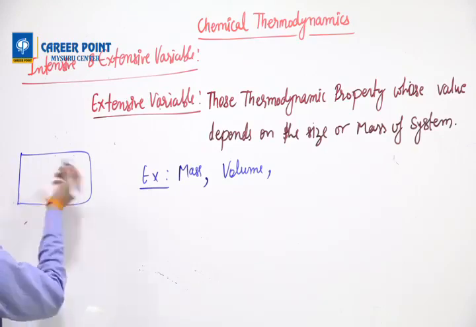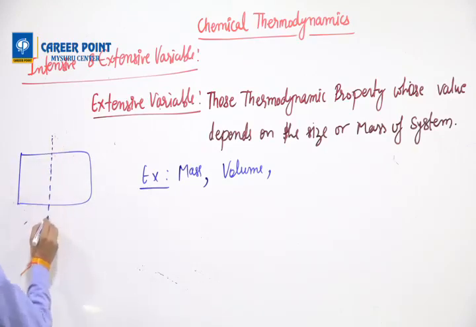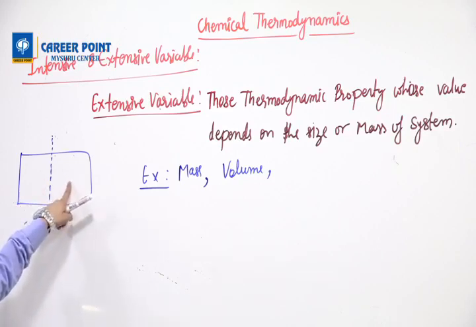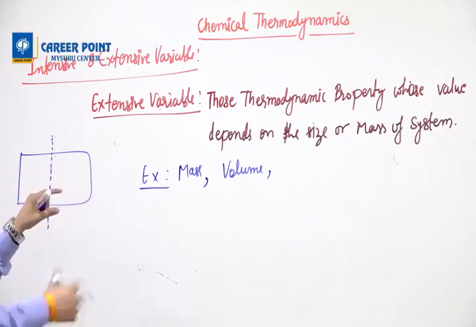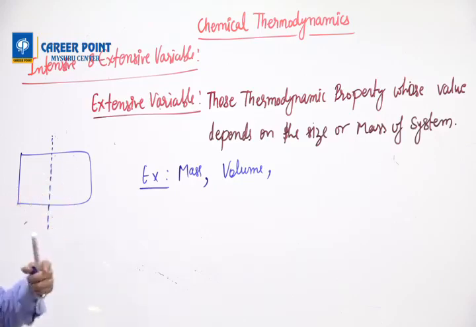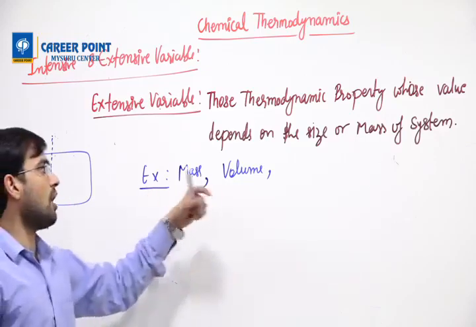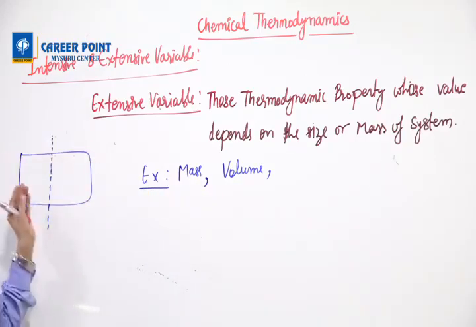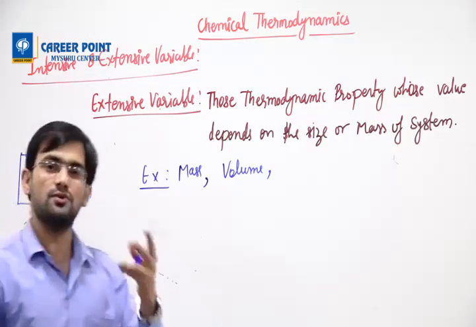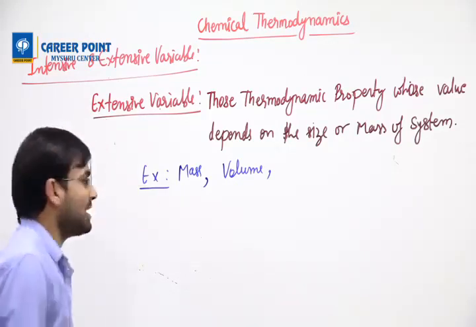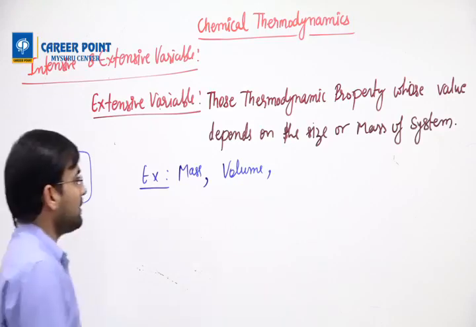Right now the total mass is m, but if you cut it into two parts, the mass has changed. This is m by 2, this is m by 2. So on doing partition, the mass of the system is changing, right? Volume, total V, but now I have divided it into two parts, so volume becomes V by 2. So volume also becomes an extensive property.